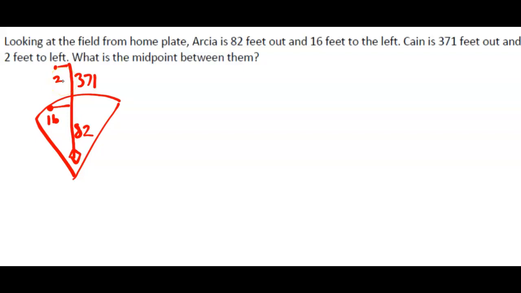Okay? All right. So we'll say that those are negative because if I was on a number line, I would be moving in a negative direction. So what are my points? Well, Arcia's point would be (-16, 82). That is a weird looking 2.